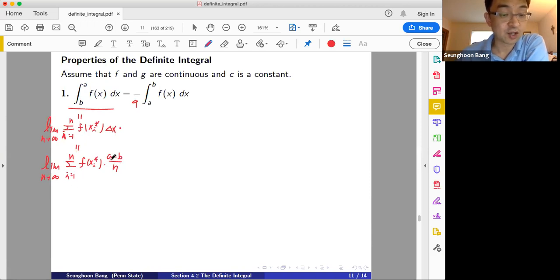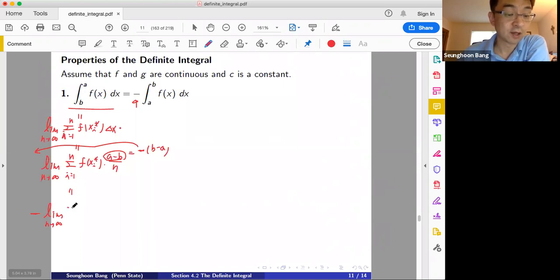One more thing: you can change a minus b to a factor, like negative (b minus a). This is possible. We only take out negative 1. That is the same as taking out negative 1 from the limit as n approaches infinity of the summation i equals 1 to n of f of xi star times (b minus a) over n. We only take out the minus sign, change back, and keep the negative integral.